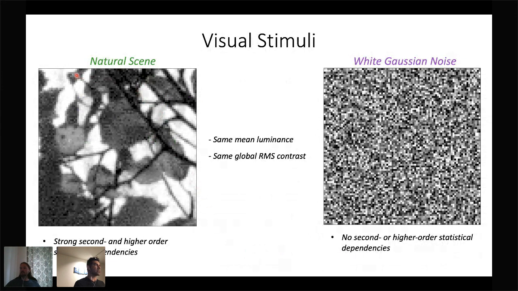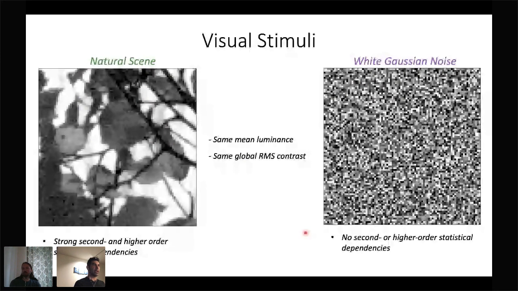On the left there is an example of a natural scene, and on the right there is an example of white Gaussian noise. These two stimulus types were matched in mean luminance and global RMS contrast, but the main difference between them was in terms of the second and higher order statistical dependencies, which are very strong in natural scenes, but don't exist in white noise.